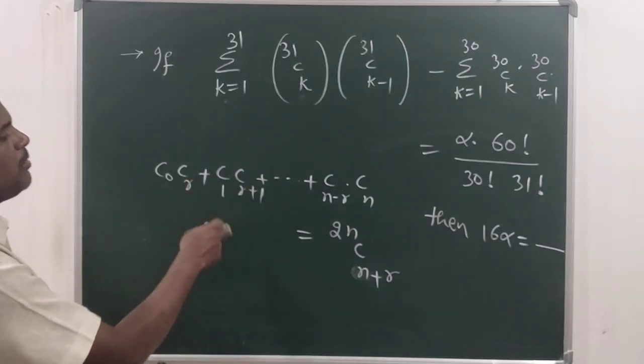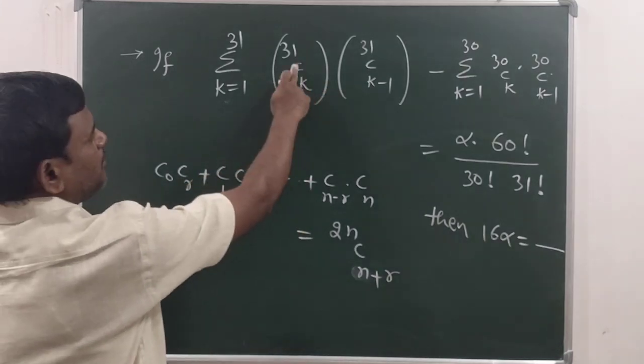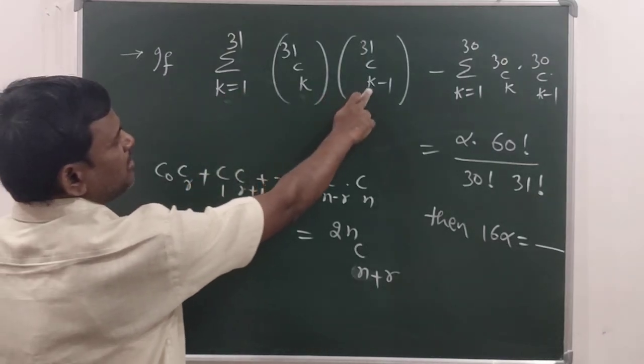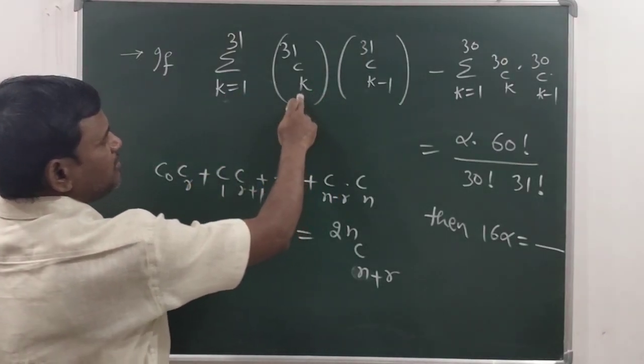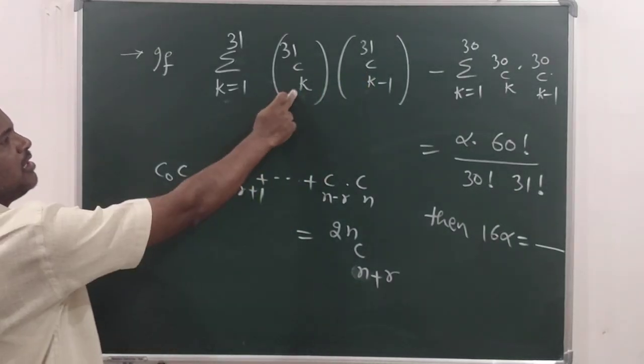So if you apply this formula, students, here it can be applicable. If I write k equal to 1, this is getting 0, this is 1, so here it is C0, here it is C1.